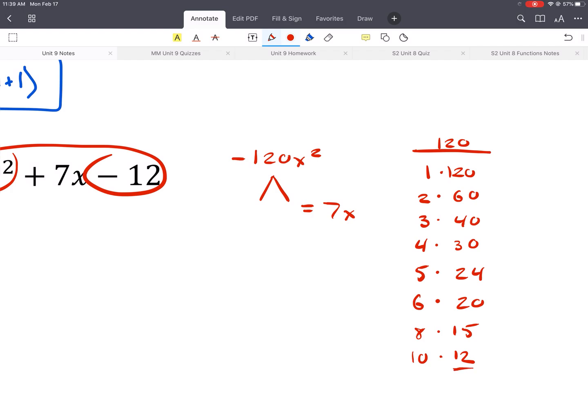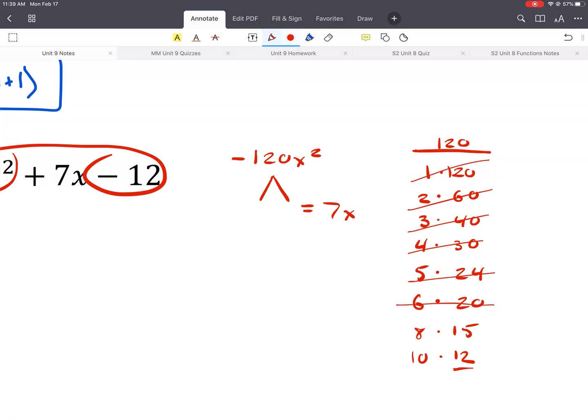Okay, now I'll look at these and see which factor pair will combine to give us 7. Definitely not this one. Those are way too big to be able to add or subtract to give you 7. Same as that one, same as that one. 6 and 20. Well, if 6 was negative, that could give us 14.